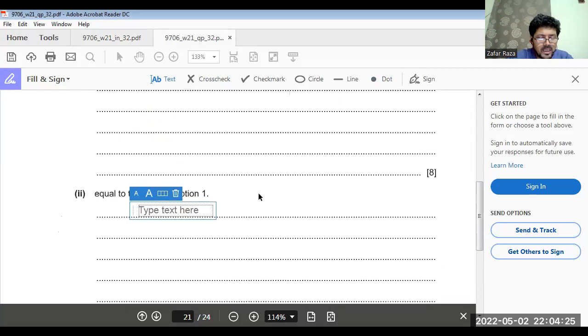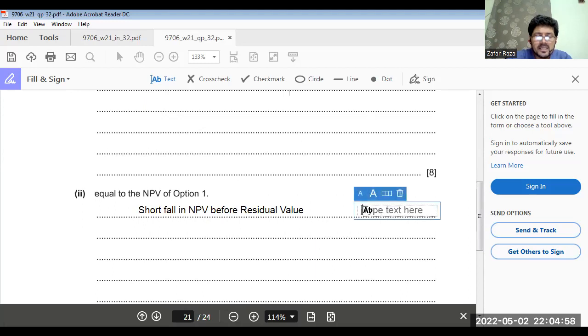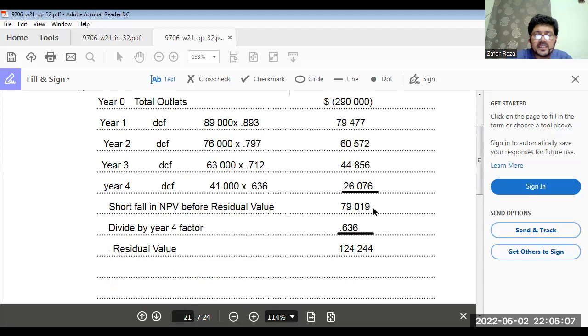Now shortfall in NPV before residual value. That we know is 79,019. Okay, yes.